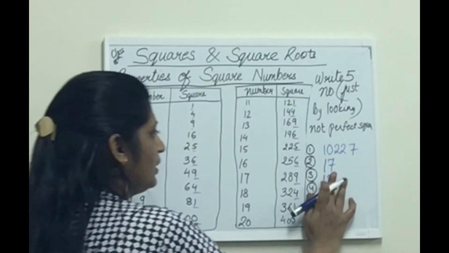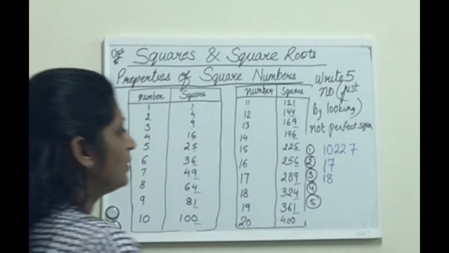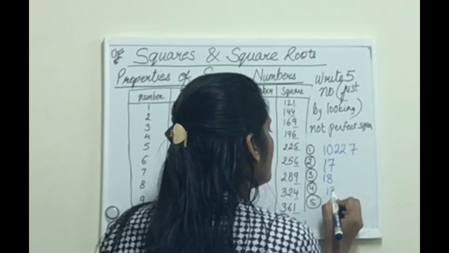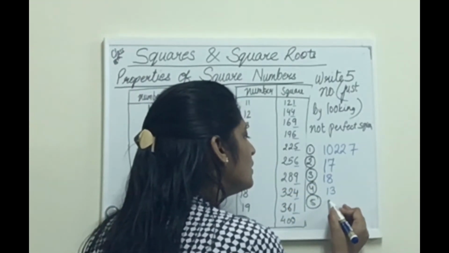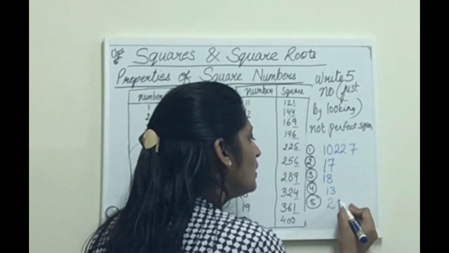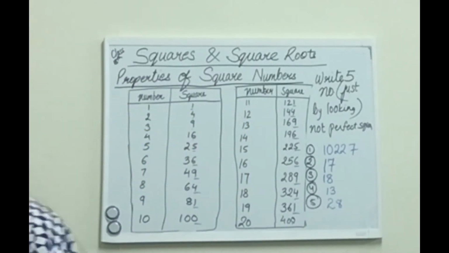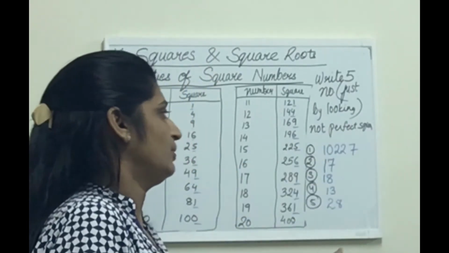Sorry, 18. Another simpler number, 13. Another simpler number, 6. These are the 5 numbers which just by looking I can say are not perfect squares.